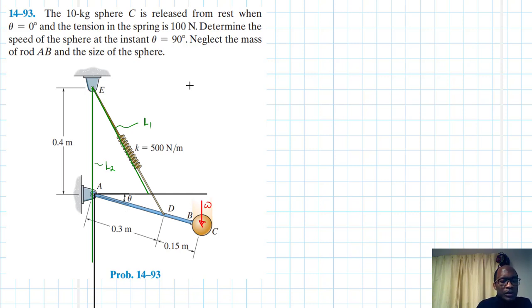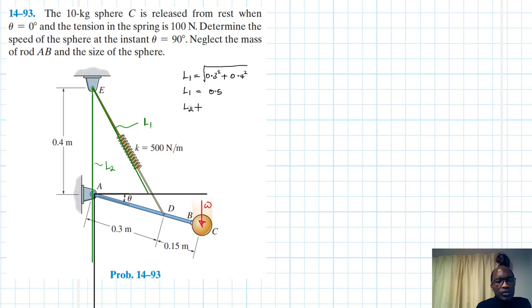So we are saying L1 is going to be equal to the square root of 0.3 squared plus 0.4 squared. Therefore L1 is just going to be equal to 0.5.